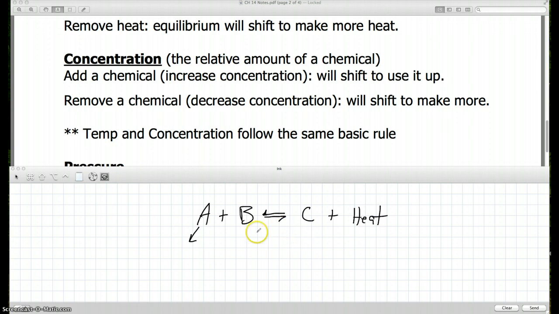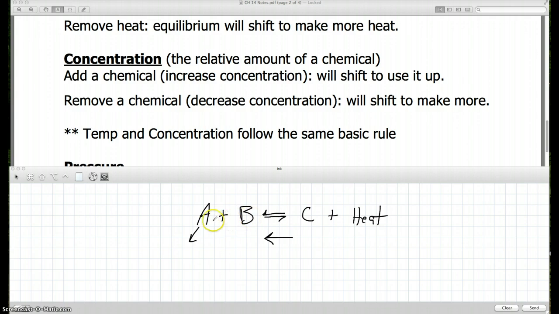And now that I took this A away, it wants to make more of that chemical A. So what it'll do is the equilibrium will shift to the left. It will use up this C and this heat to make more A and B. Because we took A away, it wants to make more A to replace what I took away.